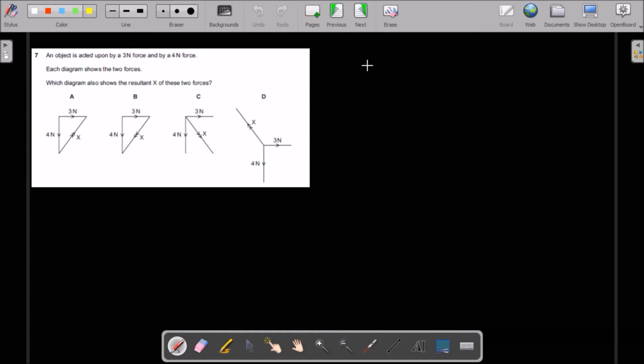Question 7. An object is acted upon by a 3 Newton force and by a 4 Newton force. Each diagram shows the two forces. Which diagram also shows the resultant X of these two forces?